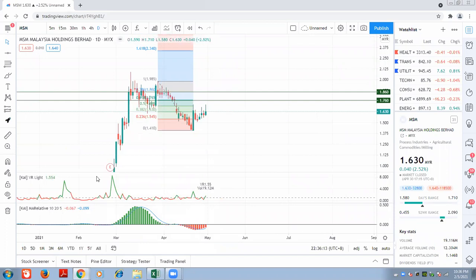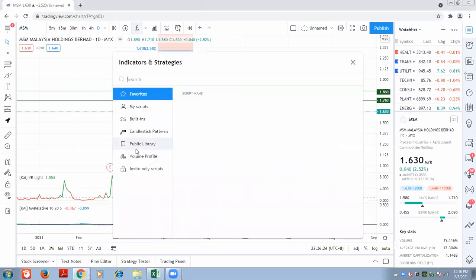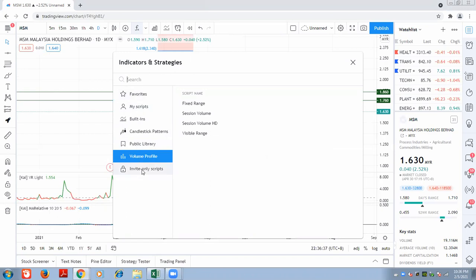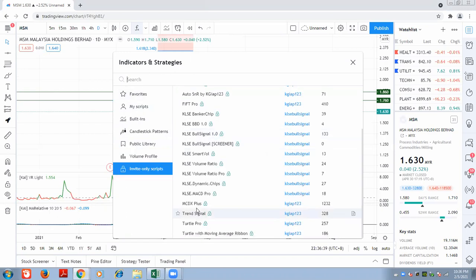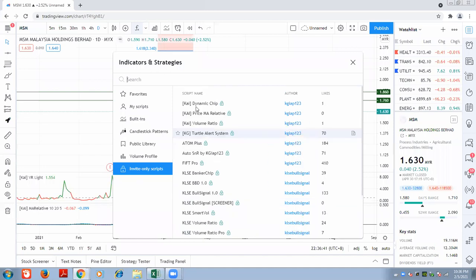SMA setting is 5, 10, 20, and 60. Candlestick pattern. Volume profile. Oh, sorry, my battery. VR Pro. Dynamic chip.